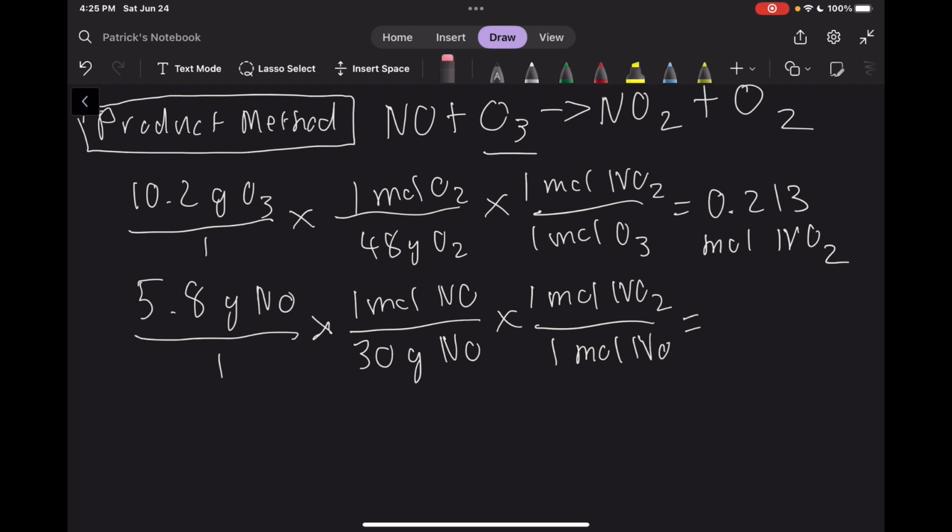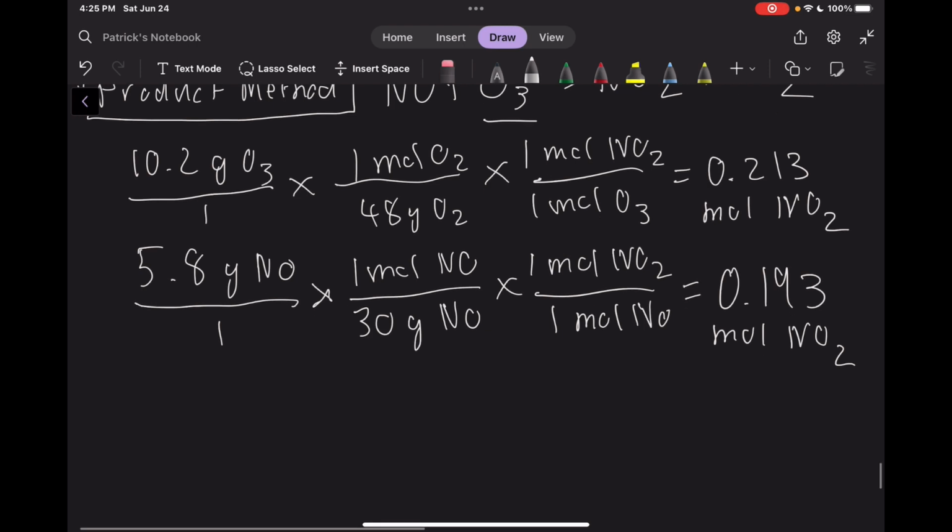We obtain 0.193 moles of nitrogen dioxide produced by nitric oxide.